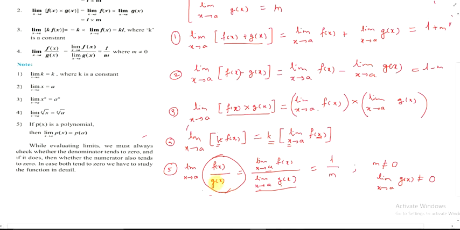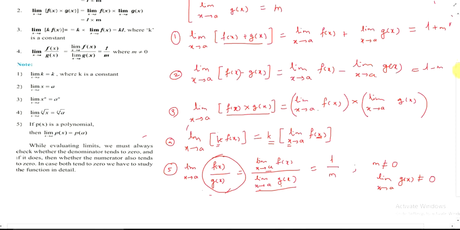We want to define the function, but there are different criteria for removing the condition which reduces this limit to 0. We will see later when we solve the examples, but only remember that it should be free from 0, that is, M should not be equal to 0. So this is about the algebra of the limit.